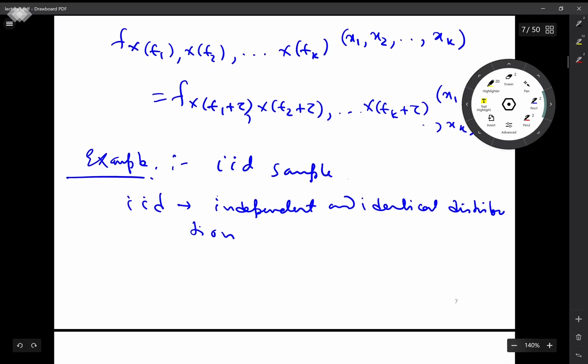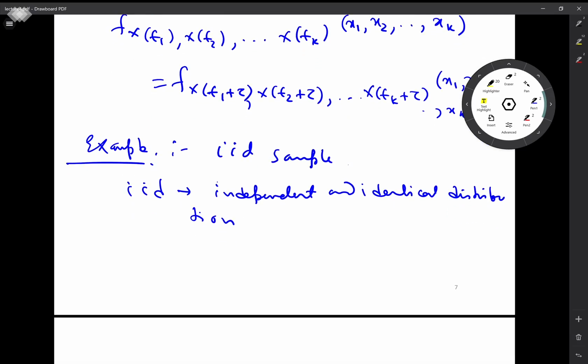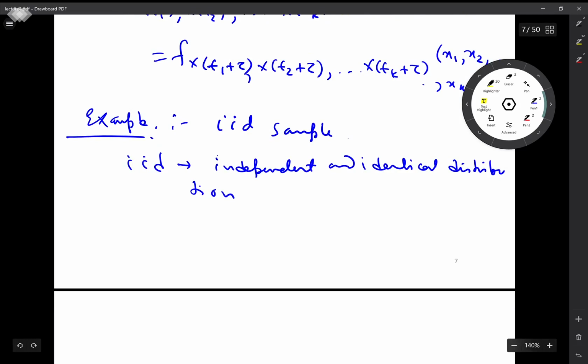What is that? Suppose we have a sensor. A sensor generally measures a physical parameter, and no sensor is perfect. So the sensor measurement is corrupted with noise. Let's say the noise is an IID process following a distribution.